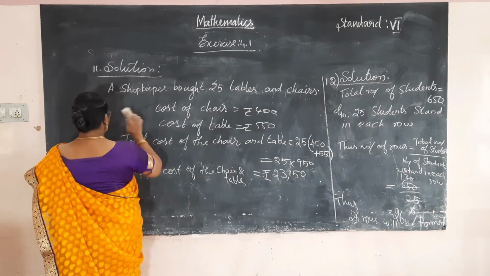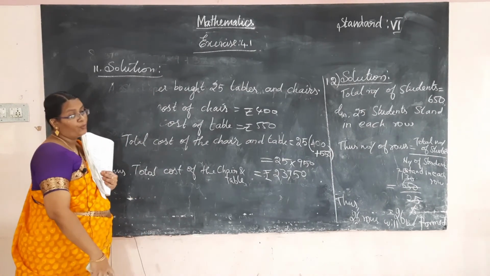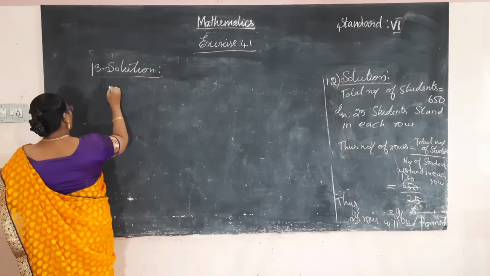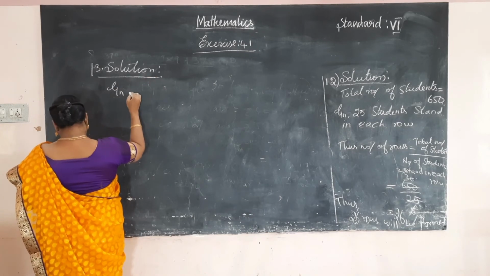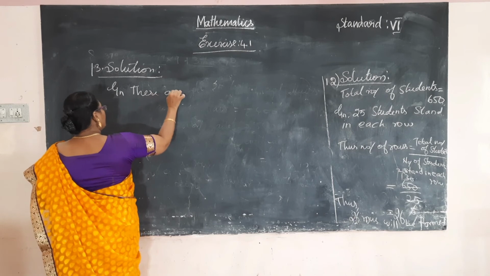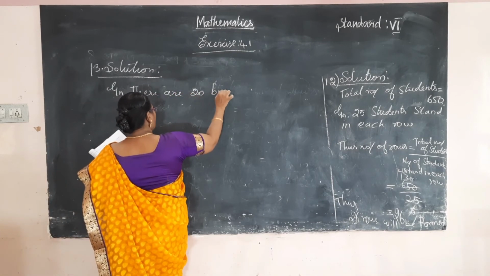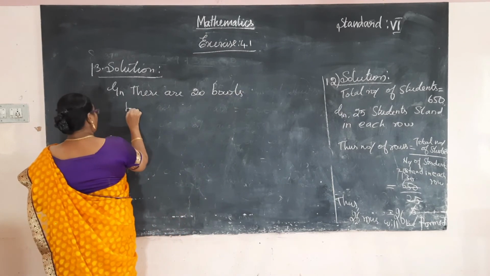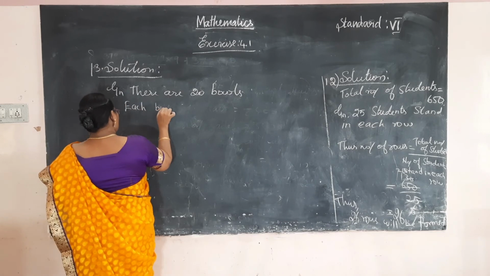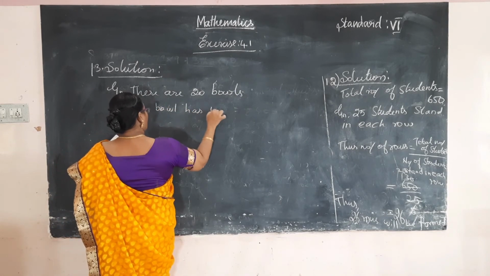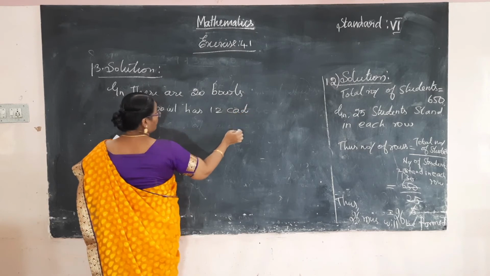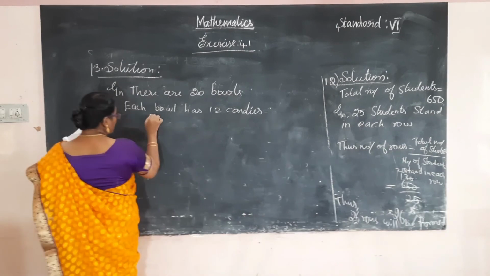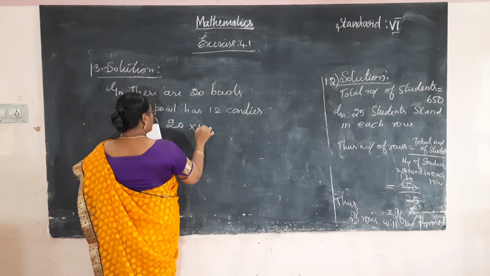So in here also we have applied the distributive property over subtraction. Okay, so given there are 20 bowls. Each bowl has 12 candies, that is 20 into 12.